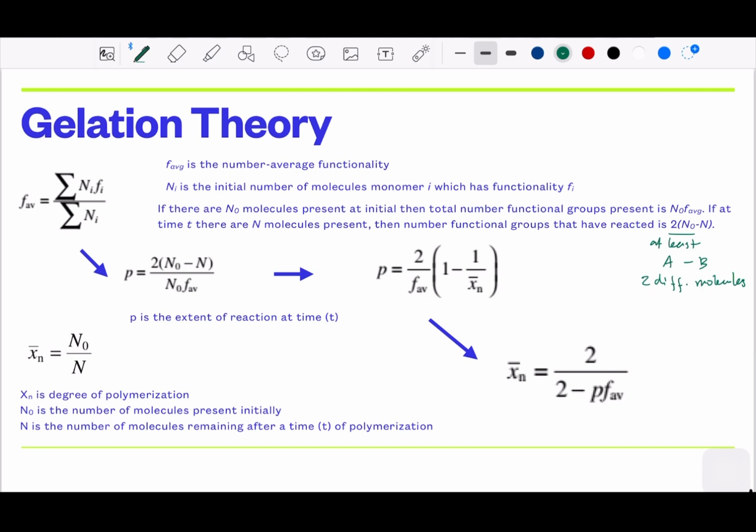So we can rewrite this as xn, or degree of polymerization, and we can rewrite all of this as the degree of polymerization. So we have 2 over 2 minus Pf.